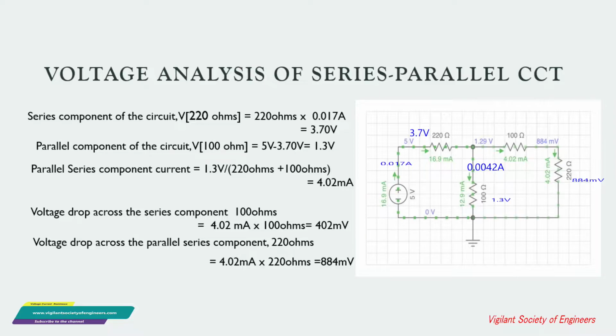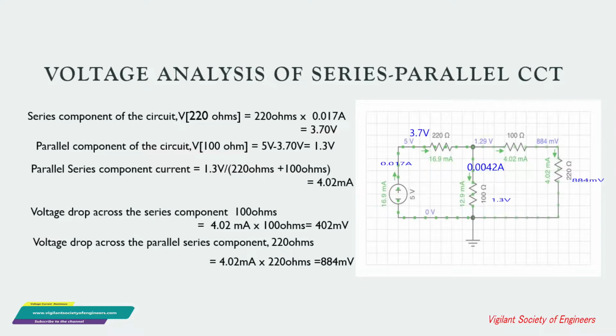Now, let us further analyze the circuit. As earlier, objectively, we just want to look at the voltage within the circuit. We're going to make mention of the current, of course, because the current is important to determine the value of the voltage drop across each one of the resistors.